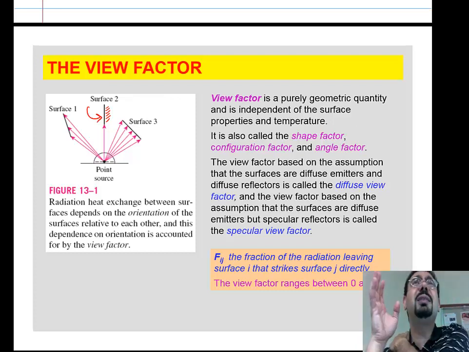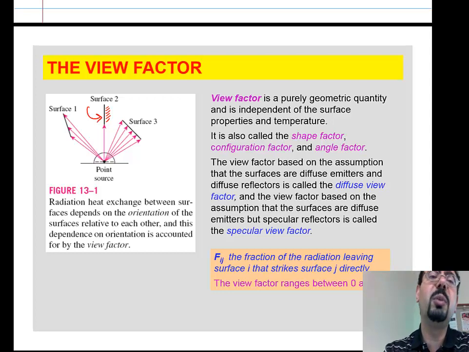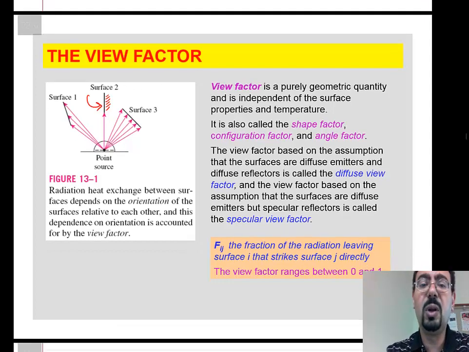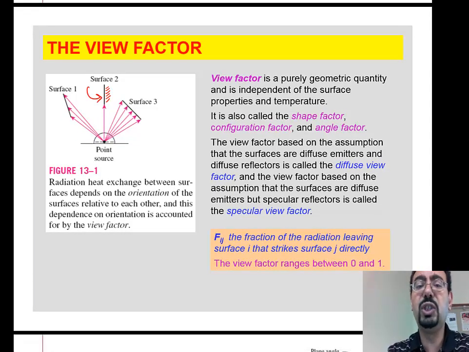To calculate this number, we have to depend on something called the view factor. All right? The view factor, or the shape factor or the angle factor, is really how much you occupy of the sky of that surface you are trying to calculate the radiation from.